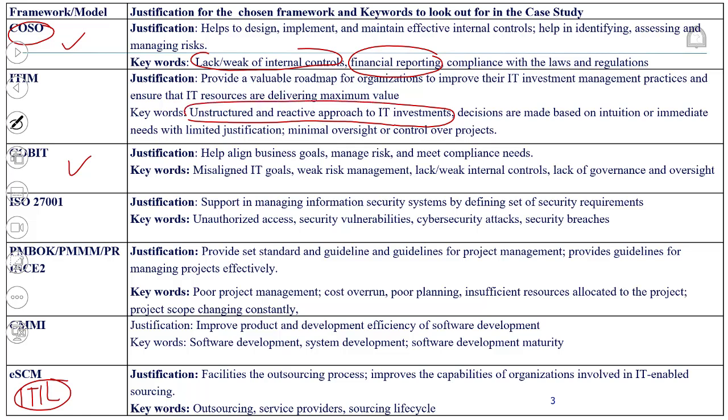Somebody from the sales department says, oh, I want this particular system, and it is bought. Somebody in the HR department says, I want this particular system, and it is bought. There's no proper way in which the IT investments are being carried out. Then you definitely know that there's a problem with the IT investment. And those kinds of things can be cured by the ITIM, okay?